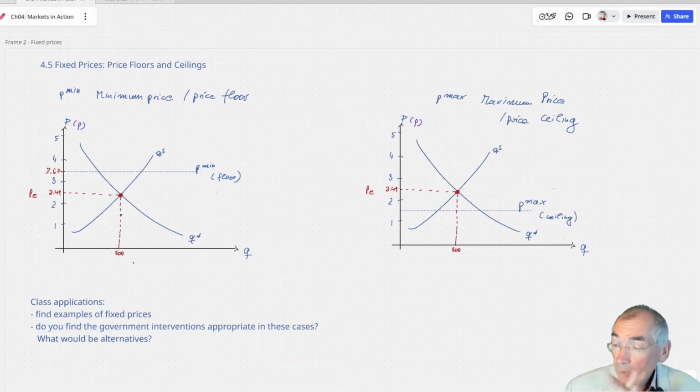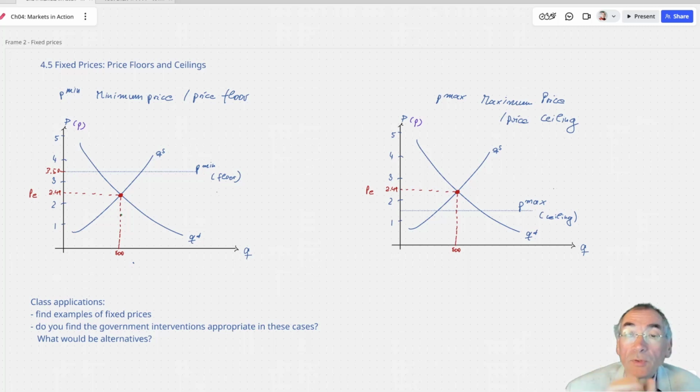So much already for chapter 4, and we have some things to do together, to discuss together, which means that you are kindly invited to prepare and think about these questions so that in class we are able to answer them and discuss what we find here. You see the second question: do you find these interventions appropriate?